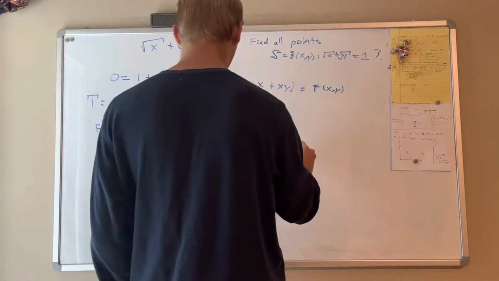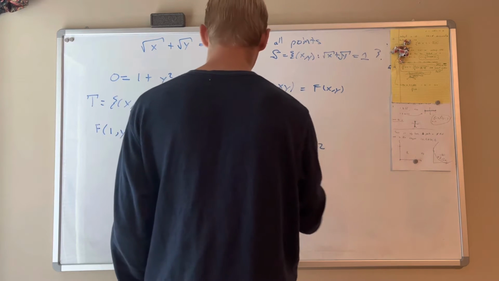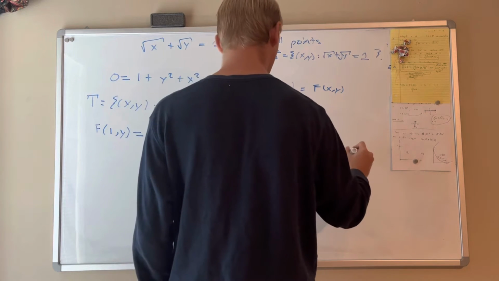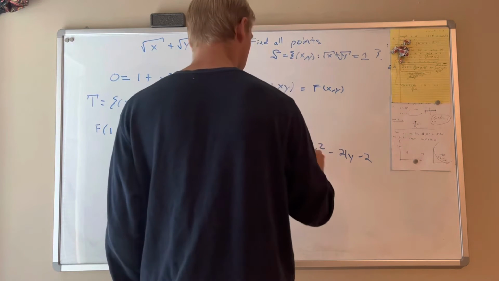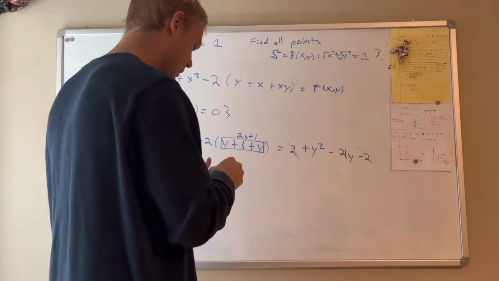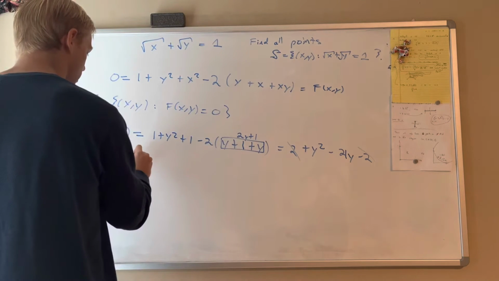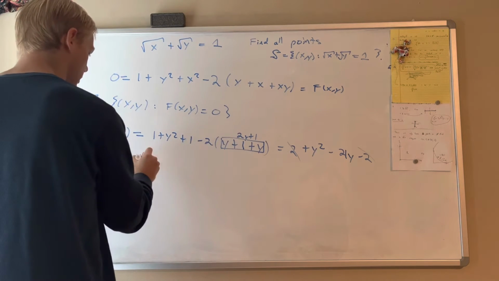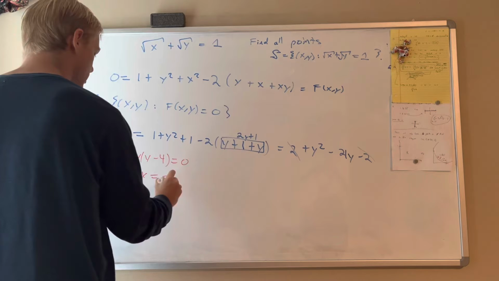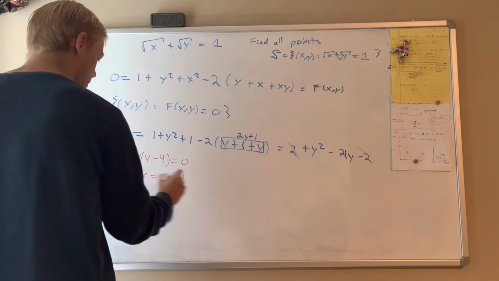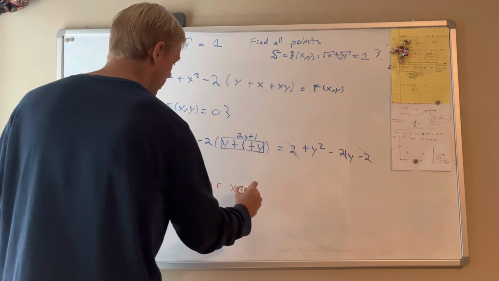You get 2 plus y squared minus 2 times 2 is 4y minus 2. The 2's go away. So you're left with, since this is implicit, y squared minus 4y. So y times (y minus 4) is equal to 0. So you get y is equal to 0 or 4 when x equals 1.